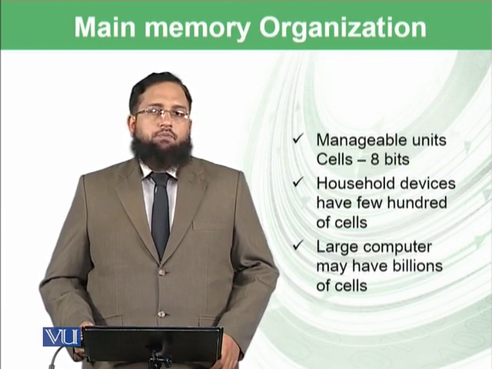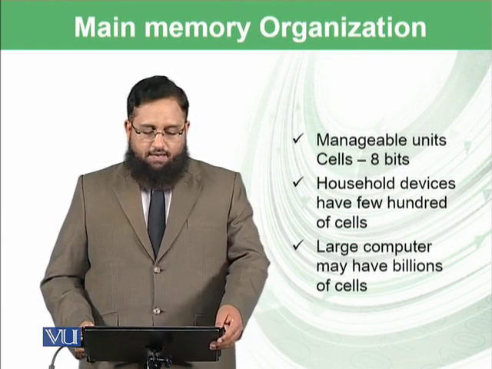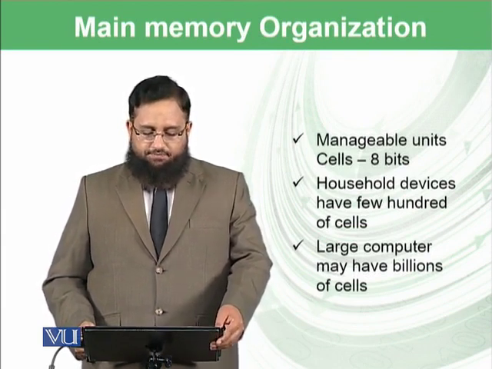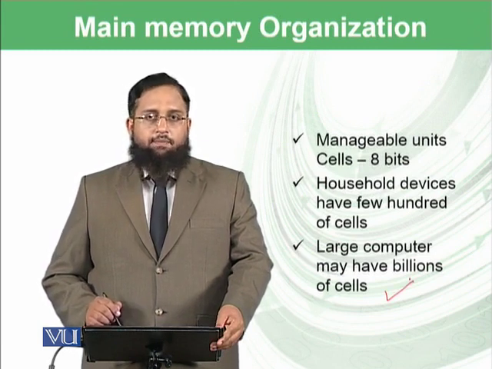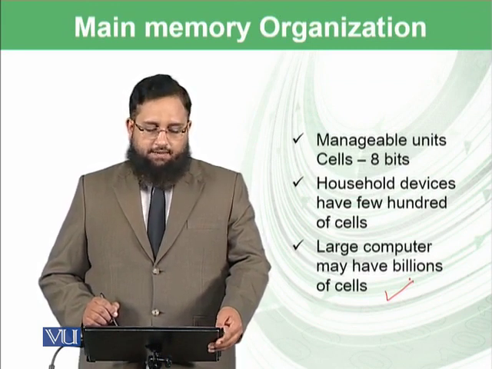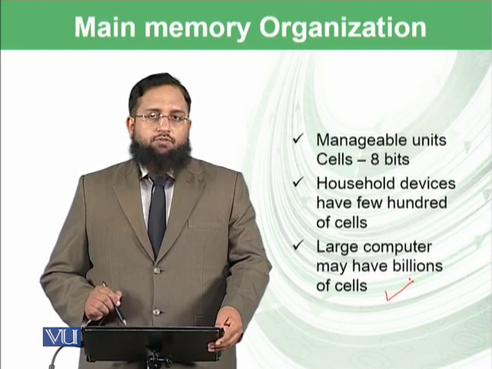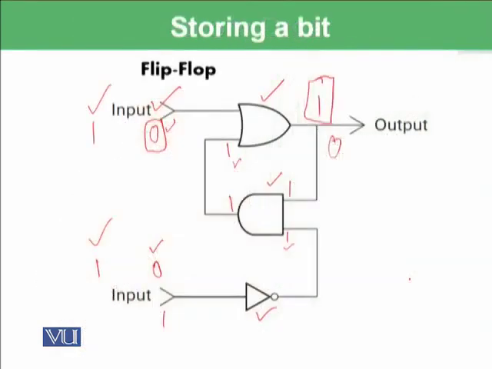However, large computers might have billions of cells available inside their main memories, which we have already learned: if your memory is 1 terabyte, it is saving about 1 trillion bytes inside, and in each byte there are 8 bits, and for each of those bits such a circuit is invoked to store the values.